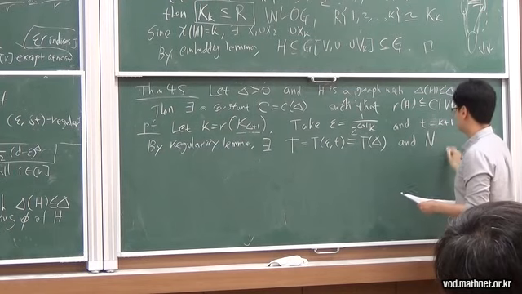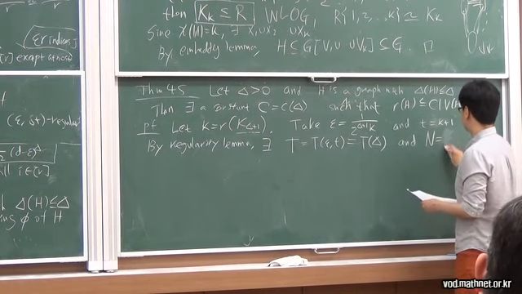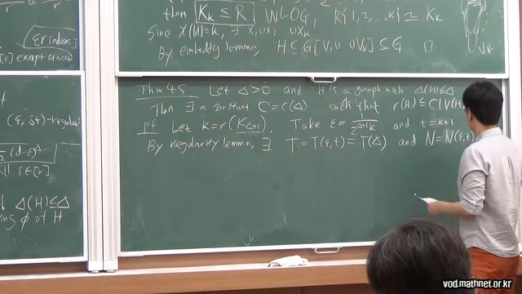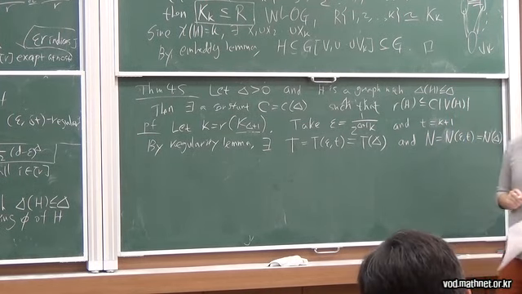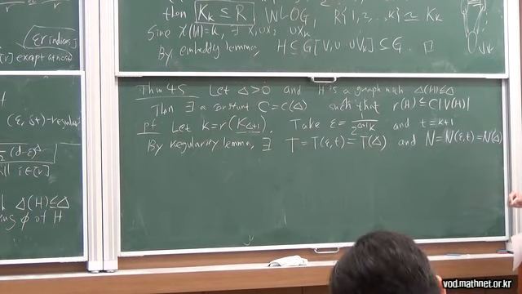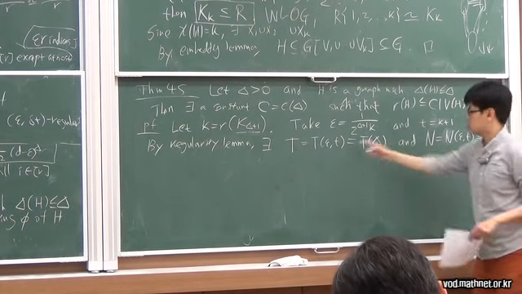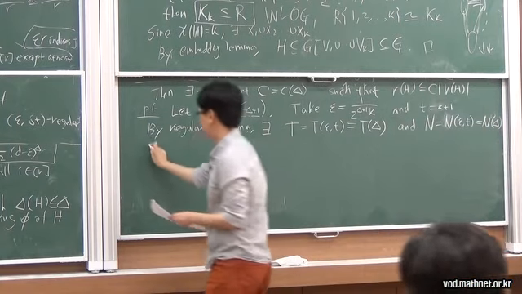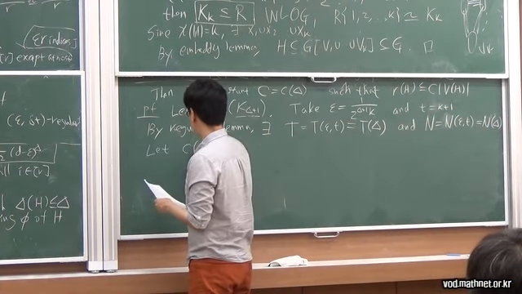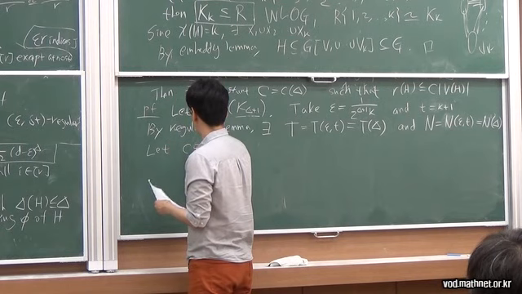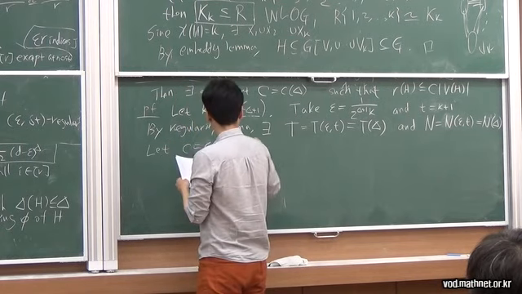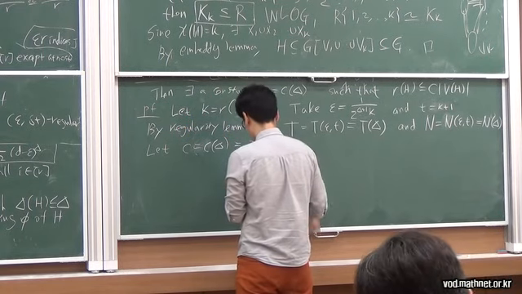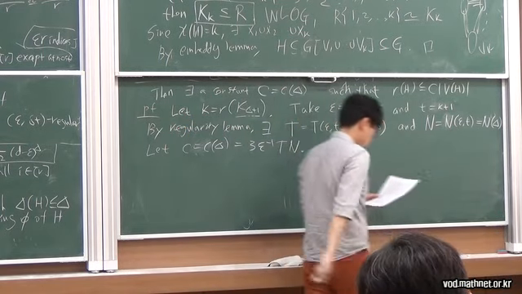And n is again a number depending only on delta. So later we will use the regularity lemma, so we take this constant. And let C, which is C of delta, be 3 epsilon to the negative 1 times T. So it only depends on delta.